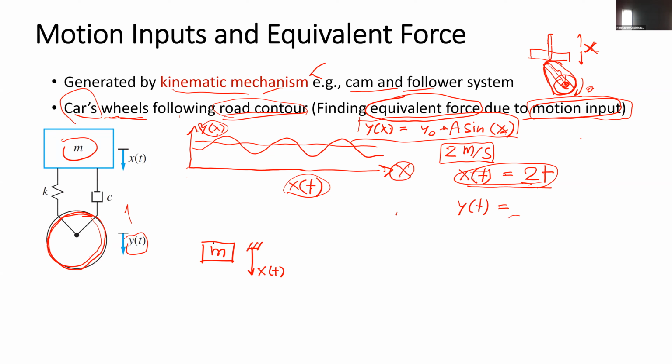The force on the mass has mg every time. What should be the force done by the spring and the damper?